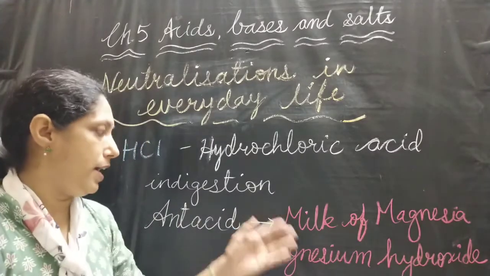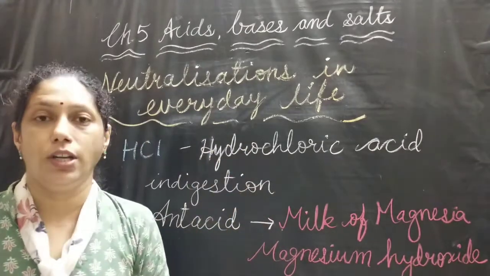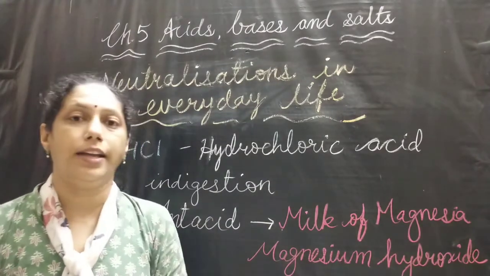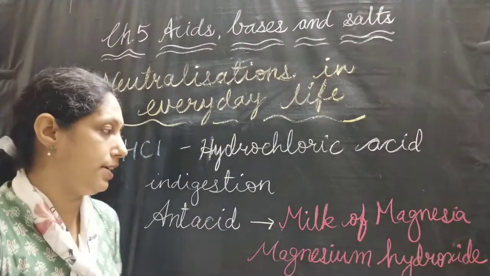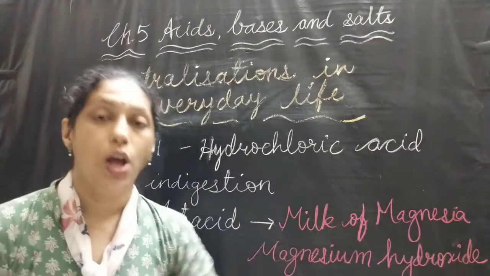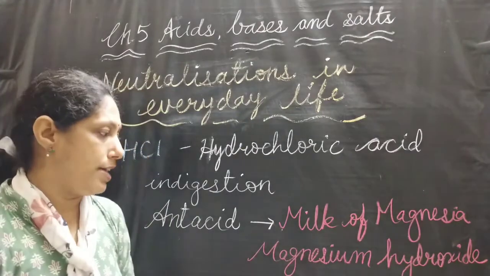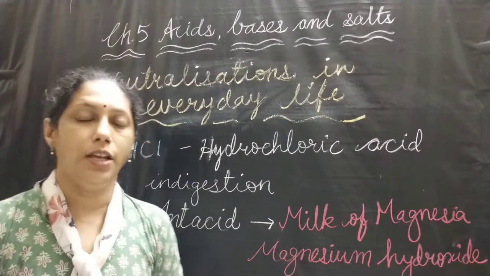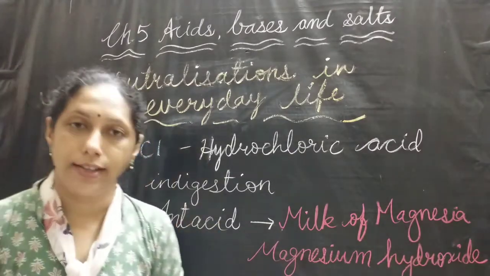To relieve the pain of this indigestion, antacid is taken. That antacid is milk of magnesia, which contains magnesium hydroxide, which neutralizes the effect of this hydrochloric acid.